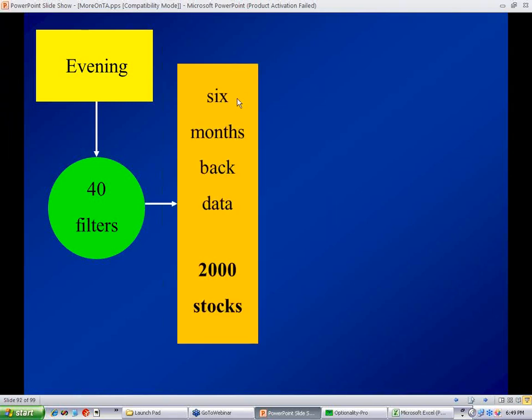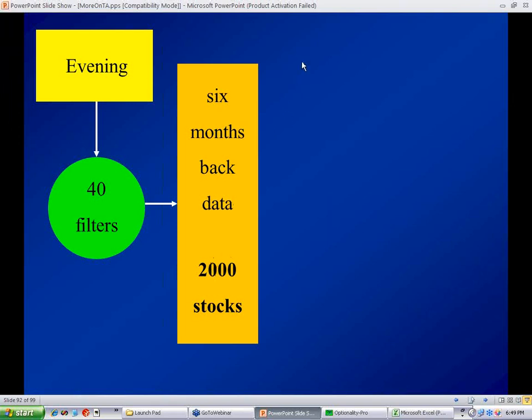It goes through at least 6 months of back data, I think it's actually a year, with 2,000 stocks, and it applies every one of those filters, all 40, to every 30-minute interval against that 1 year of back data on 2,000 stocks. Now you can see why it takes hours.